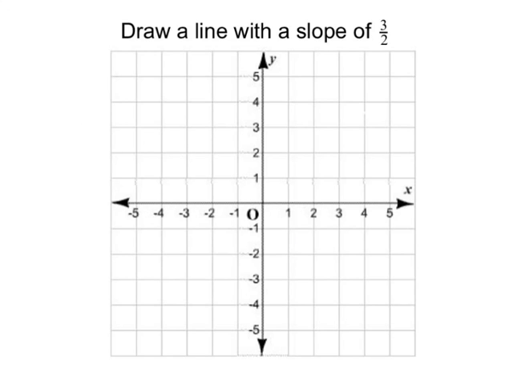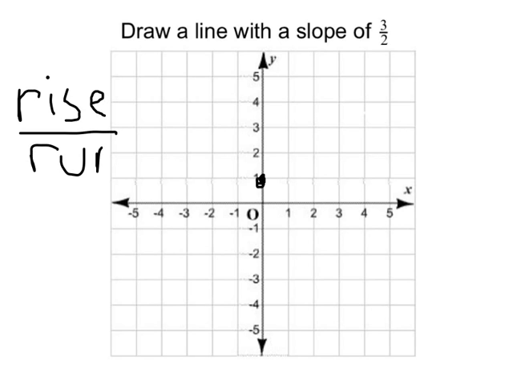Now we're going to practice drawing lines given a slope. Because we don't have a point to start, I can just pick any point on the grid to start. So I'm going to start at my 0, 1. Now the slope tells me my rise over my run. So if my rise is 3, I need to go up 1, 2, 3.